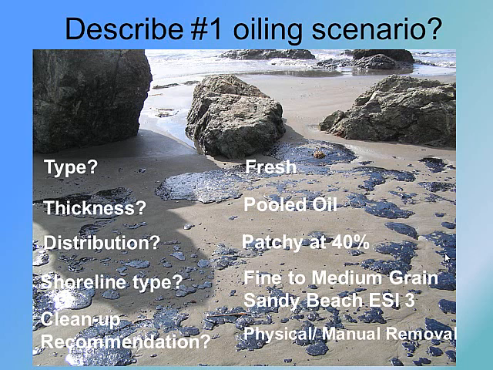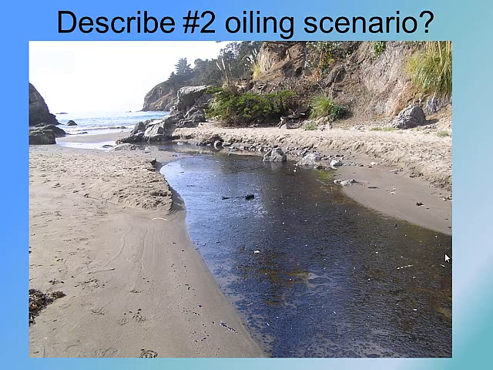If it was like a long strip of oil along the beach, miles and miles, we might think about some mechanical equipment coming out on the beach. But if it's just a small little area, we could have a few guys come out on the beach and collect the oil. So looking at our next oiling scenario, we have this creek that has some oil in it.